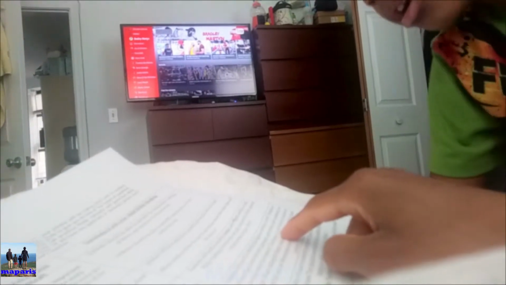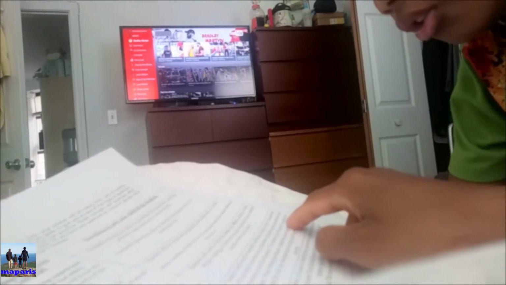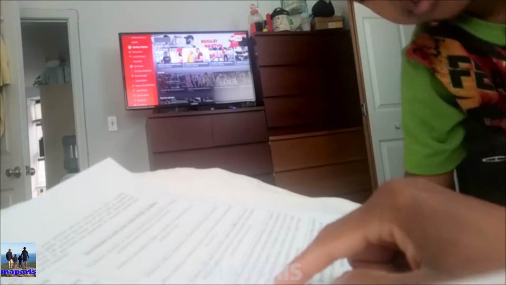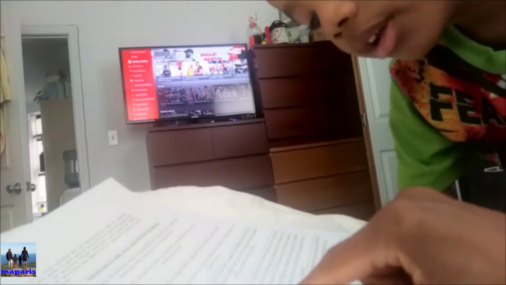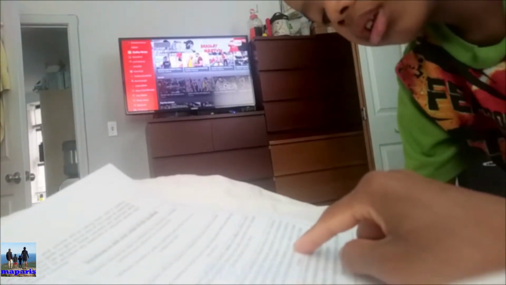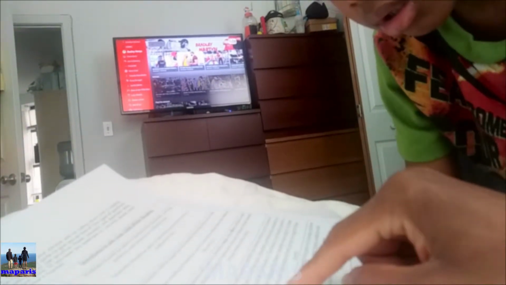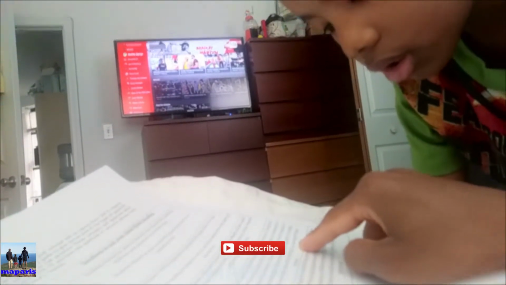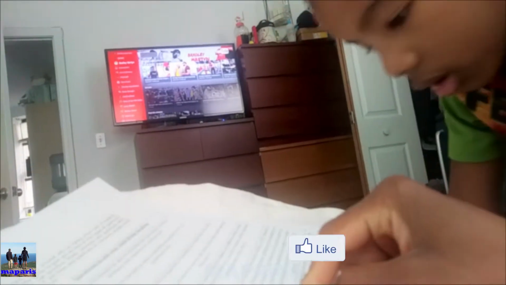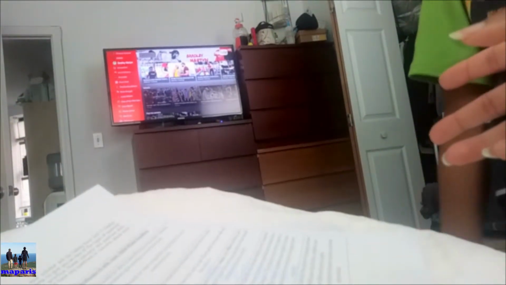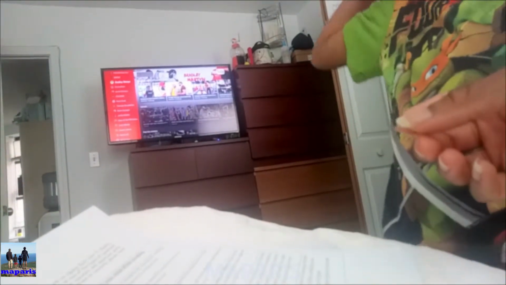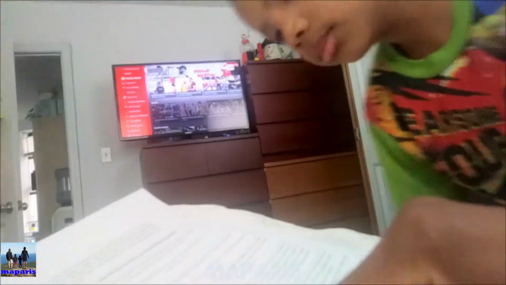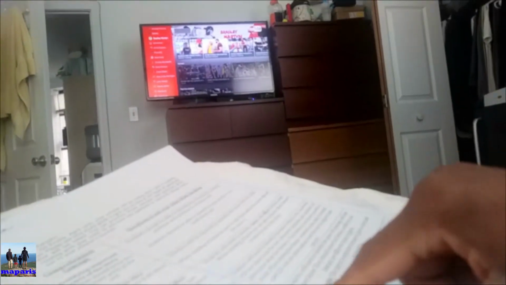The theme is not clearly stated in a text. When stating the theme, students must apply it to their own life and use information from the text to support their answer. All right. So if they ask you what was the story about and what's the theme, right? You have to be able to explain what the theme is and then give examples and how you could apply it to yourself. Okay, genre is the type of story we are reading.